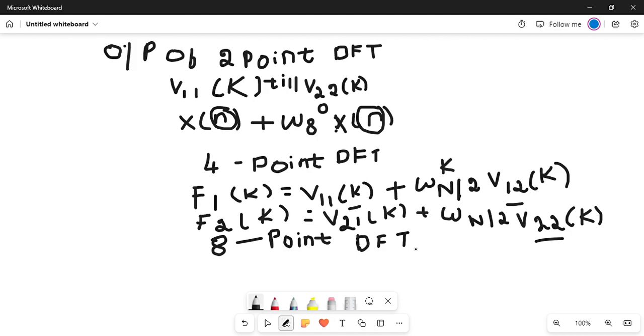So that whole second part is based upon how to calculate your 4-point DFT as well as 2-point DFT, right? And we also have told what v11 of n, v12 of n are, and how to find out the f1 of k and f2 of k.